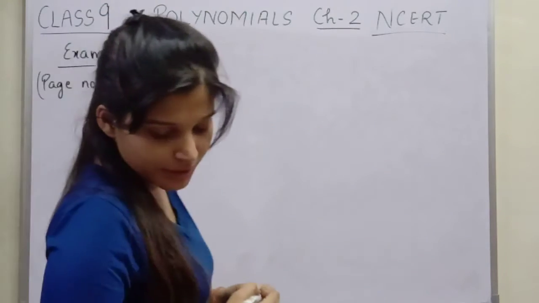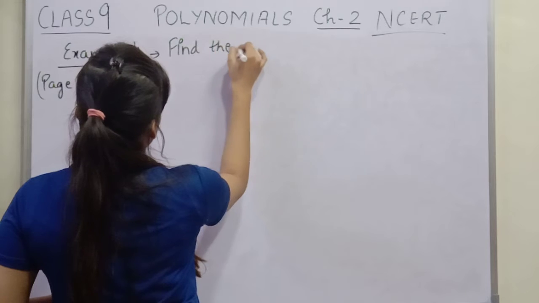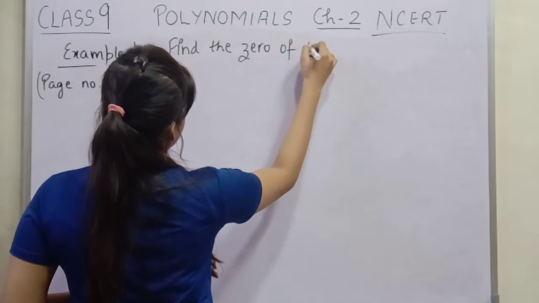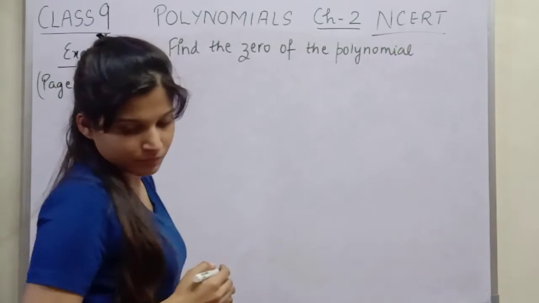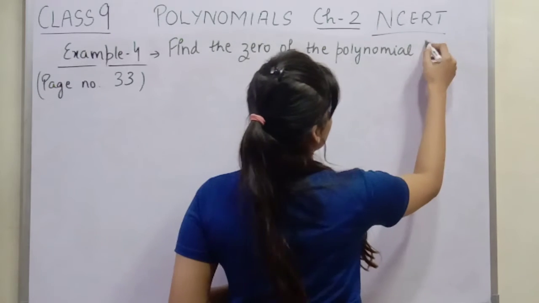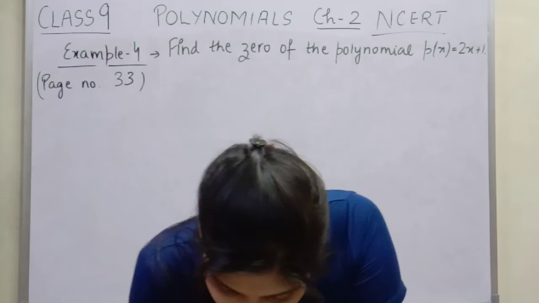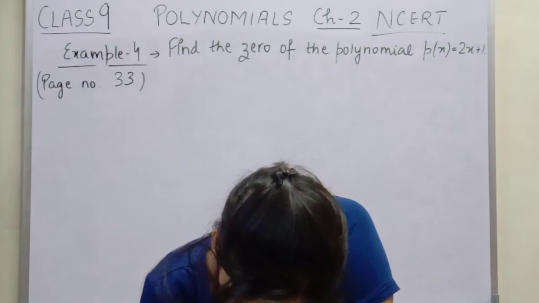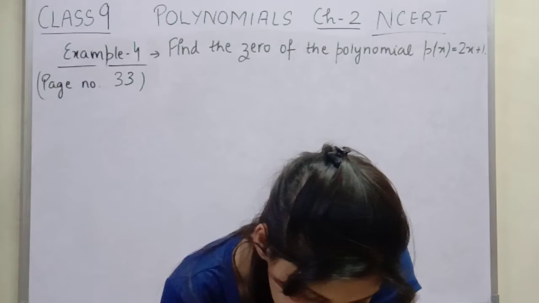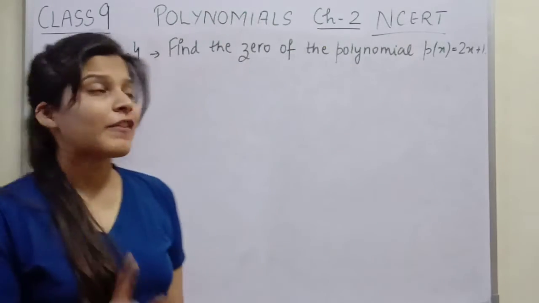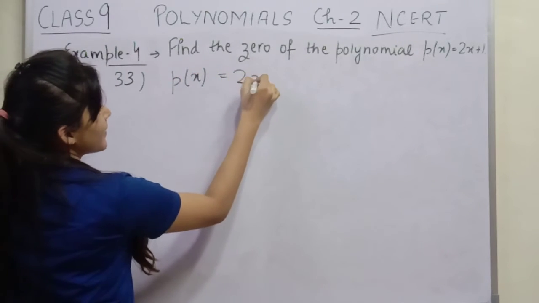So example number 4 says find the zero of the polynomial px equals to 2x plus 1. See, now we need to find the zero of the polynomial this px equals to 2x plus 1.